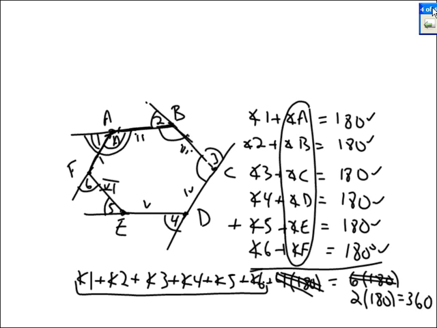The sum of the exterior angles, if you extend one line at each vertex, will always add up to 360 degrees. Always.